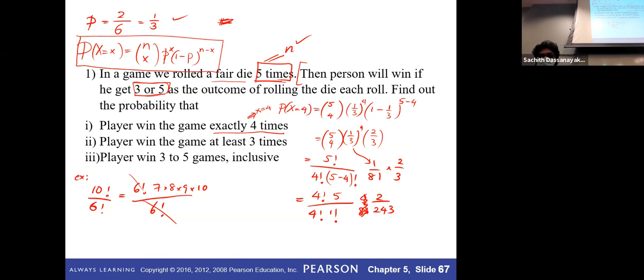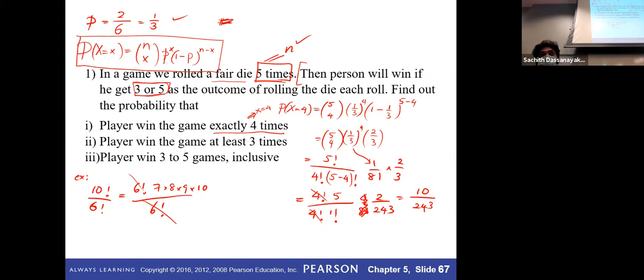Now this 4 factorial cancels with this 4 factorial, because they are just division. So this 5 is here, divided by 1 factorial, and 1 factorial is 1, right? So this is going to be 10 over 243.